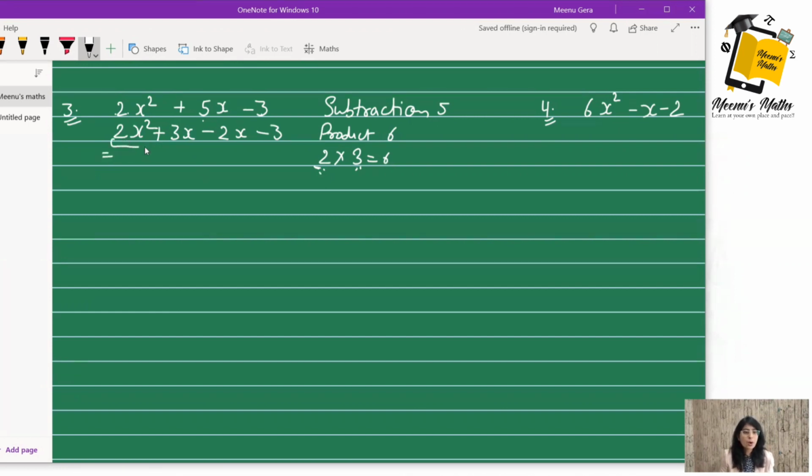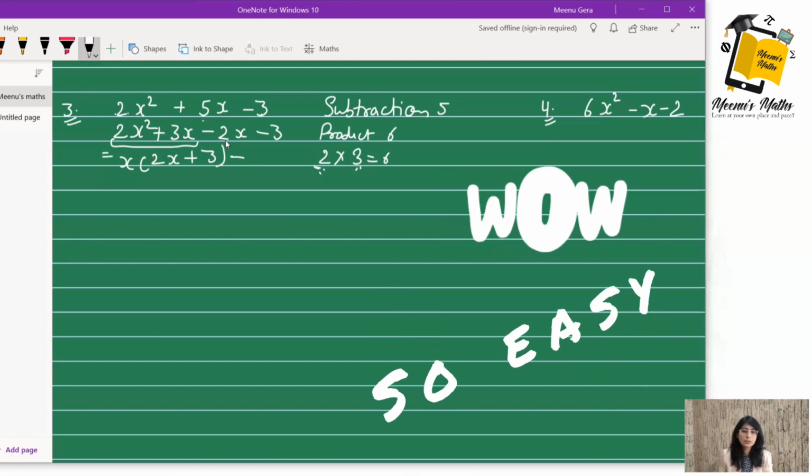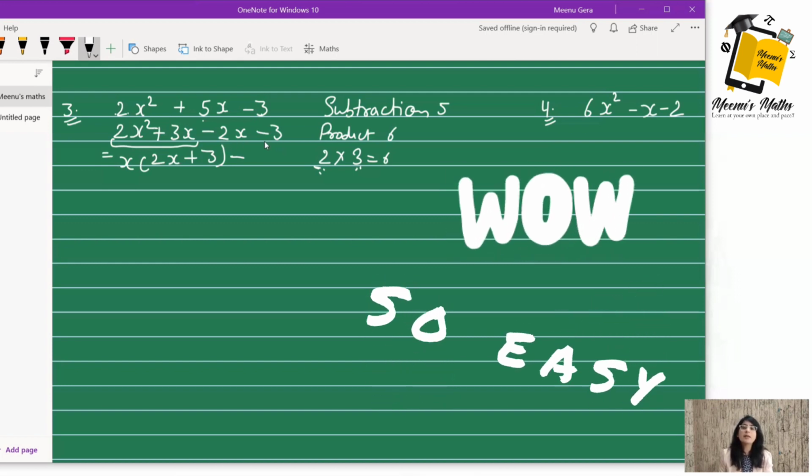Take common from here. This is only x is common here. 2x is remained, plus from 3x I have taken x as common, so 3 is remained here. And from this again, as we have done in the second question, take minus as common, because 2x and 3 don't have any common.